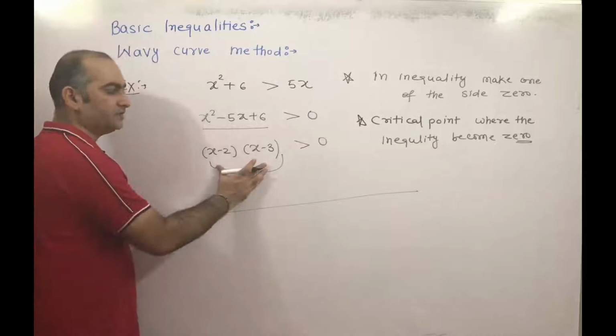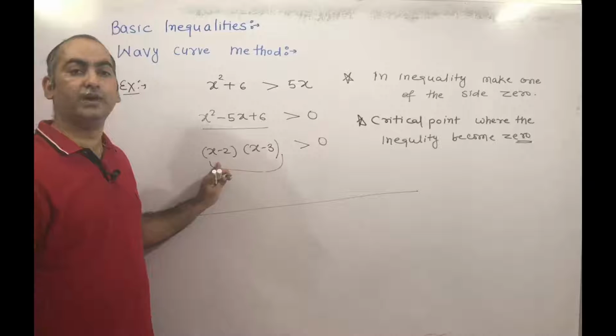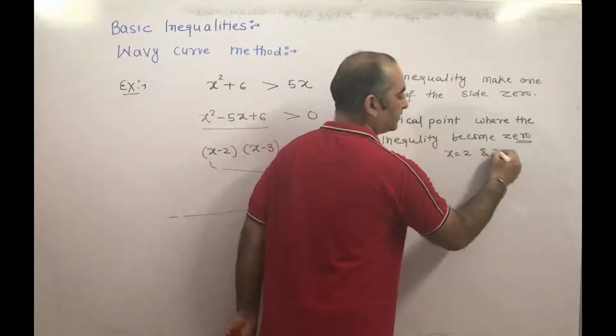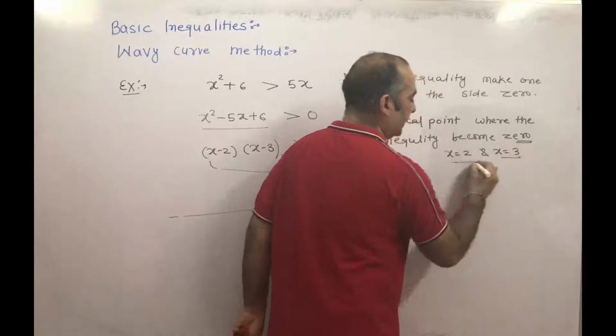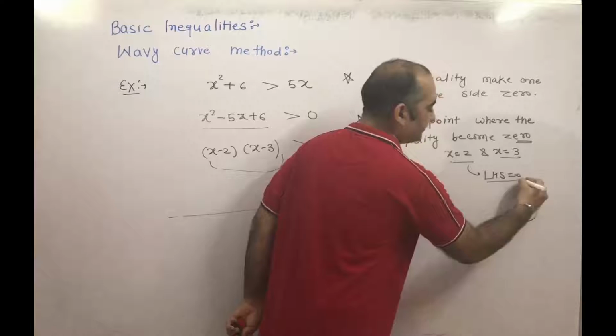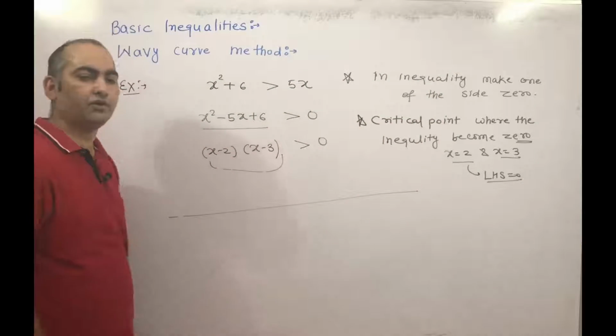So where this becomes 0, that point we have to find out. Here it becomes 0 at 2 and 3. So we can say the critical points are x equal to 2 and x equal to 3. At 2 and 3, LHS becomes 0. So 2 and 3 we will draw on the number line.